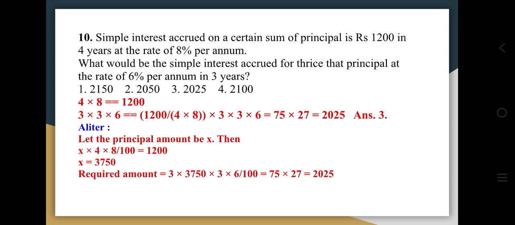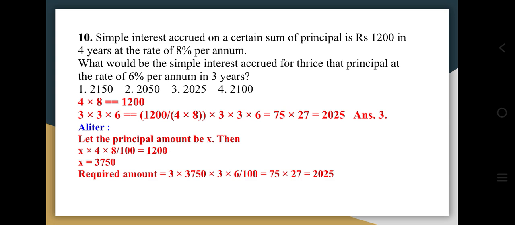So if the principal amount is 3750, how much is invested in the second case? 3 times the principal amount. So the amount invested here is 3750 into 3.